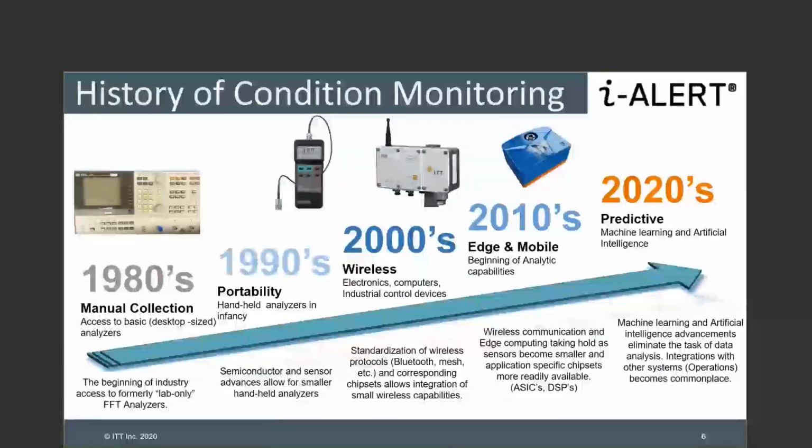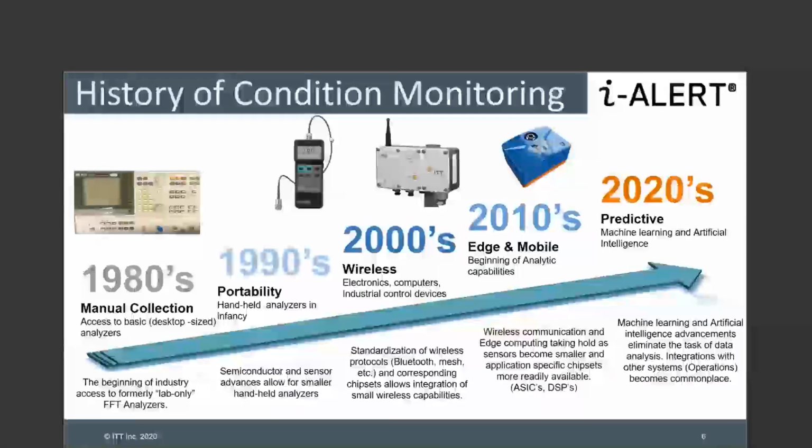As we move forward into the 2010s, wireless communication became much more viable and robust. This, along with intelligence and computing power being built into the field devices, led to automated data gathering and communication. With this came more frequent data gathering and the ability to monitor lower-cost and existing machines at a reasonable investment price point.